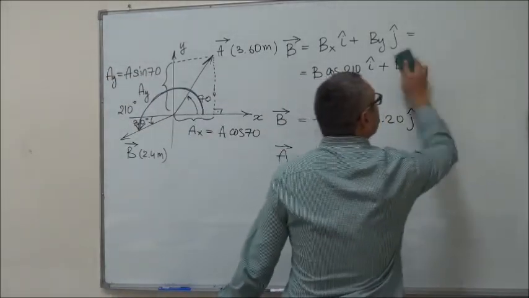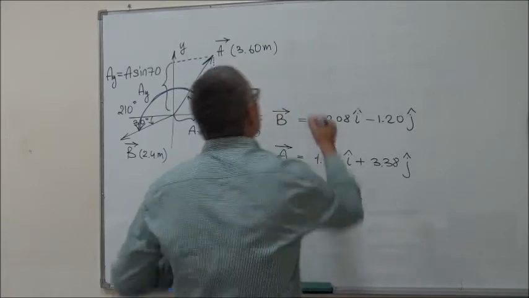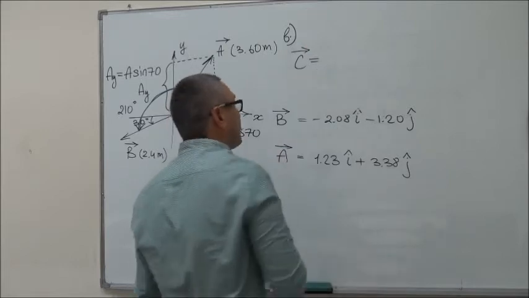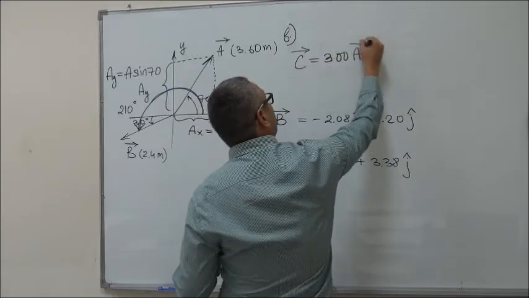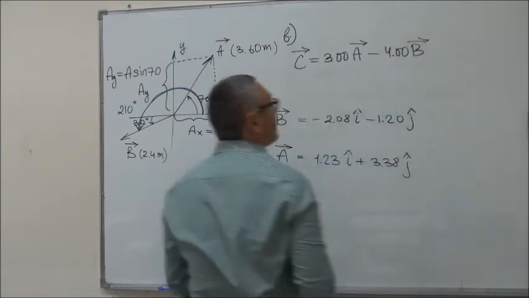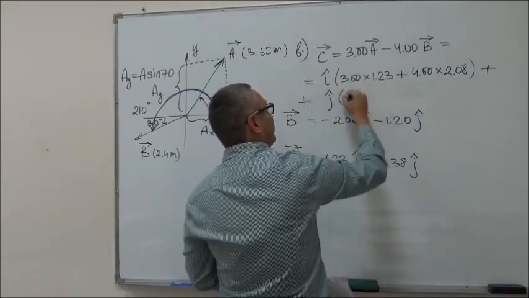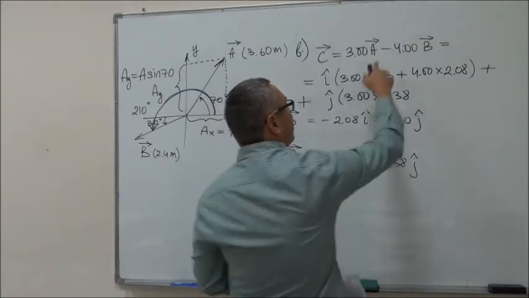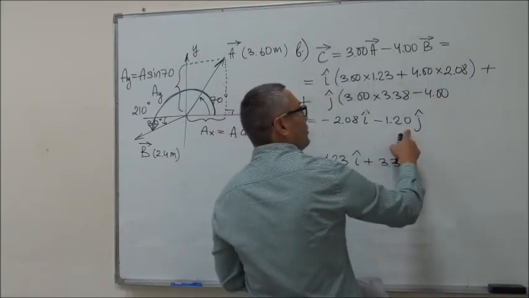So let's write it down. Part B, the C vector is given as a combination of A and B as follows. It is equal to 3 A vectors minus 4 B. So then 3 times 3.38, and then minus 4 times minus 1.2.